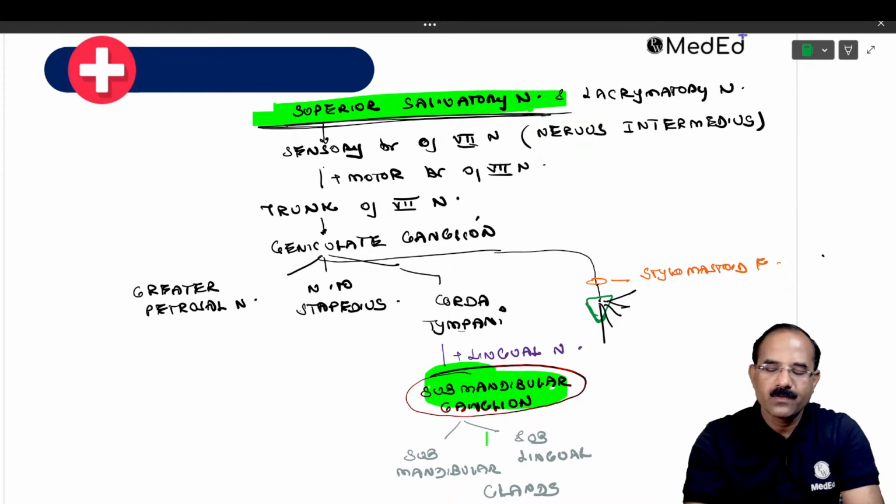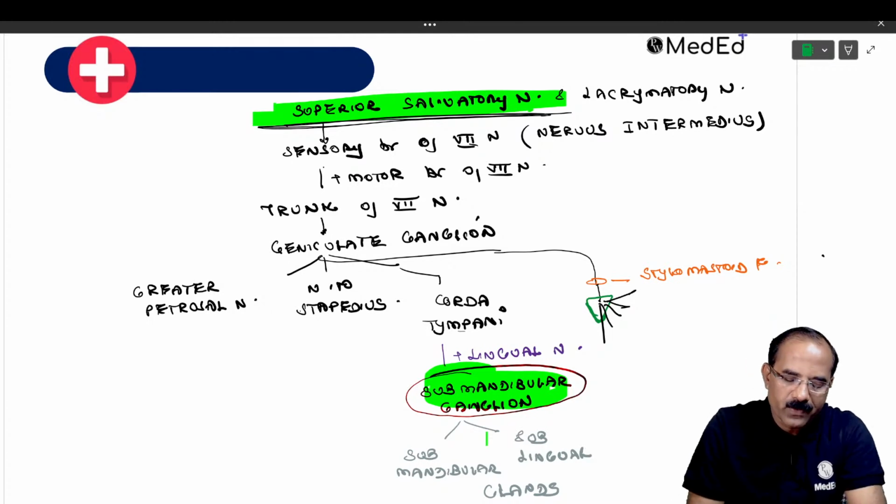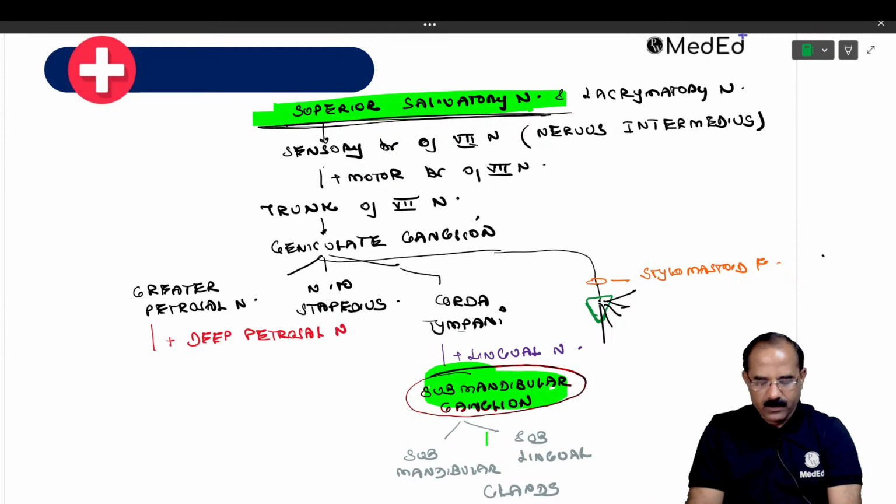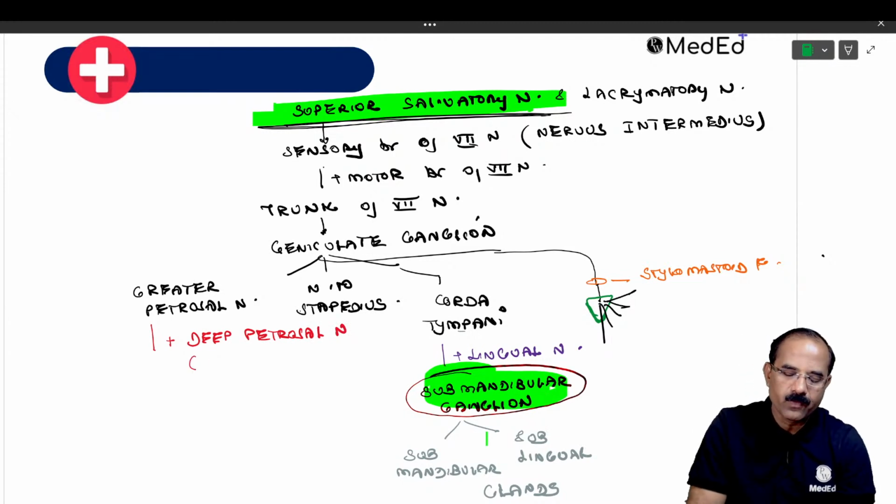So we'll trace the greater petrosal nerve. The greater petrosal nerve joins with, ये किसको join करता है? The deep petrosal nerve. And where does the deep petrosal nerve come from? Sympathetic.